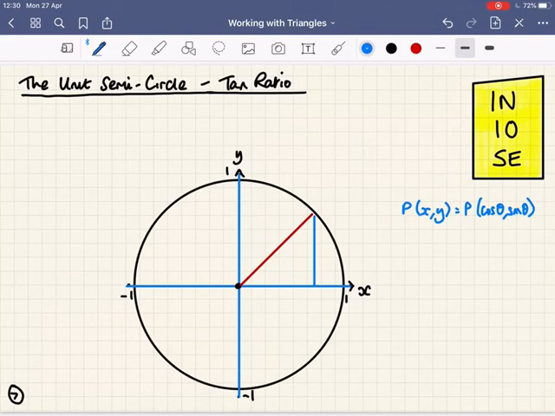We know from our ratio that tan theta is equal to the opposite side over the adjacent side, which in this triangle, the opposite side is the y coordinate, and the adjacent side is the x coordinate. But we also know that y is equal to sine theta and x is equal to cos theta. So tan theta is equal to sine theta over cos theta.